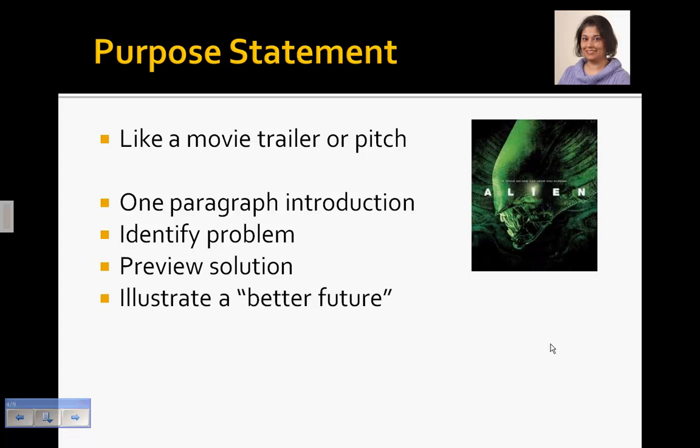In the Alien pitch, Jaws on a spaceship, well, Jaws grossed quite a bit of money. And at the time that this idea was pitched, science fiction movies and those in space were getting quite a bit of attention. So this better future for the producer was clearly a lot more money for a famous grossing film, which is exactly what Alien became.